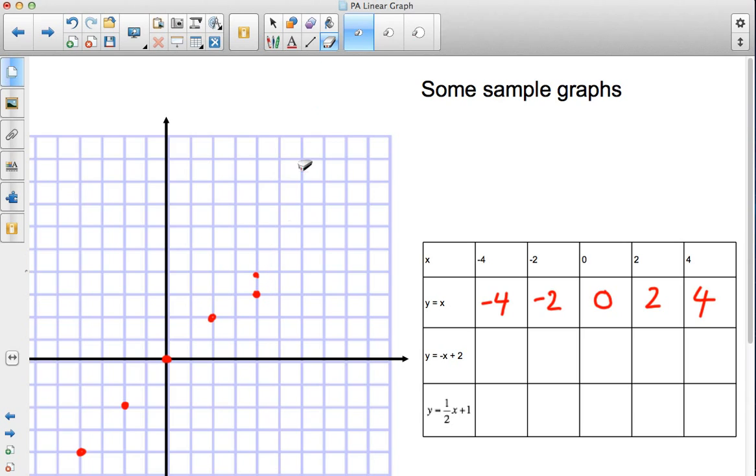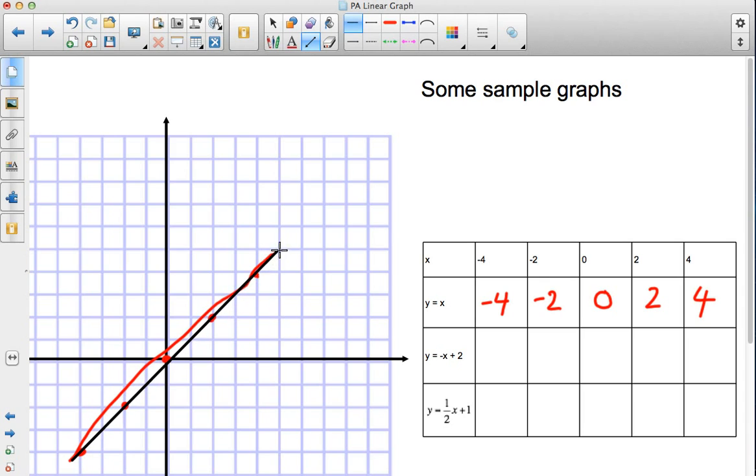And then my line would look something like this. Oh man. See, that's why I use the magic line tool here, because that gets me something like this. So much better. Alright, anyway, let's take a look at the next graph.